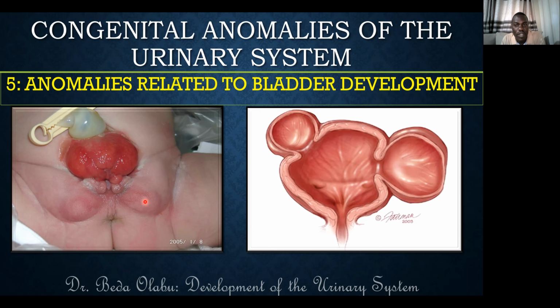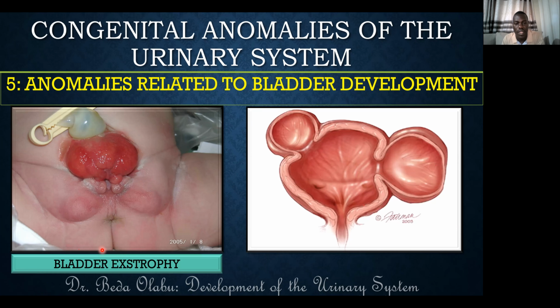Okay, James, yes. It's called bladder extrophy. Great. This is bladder extrophy, the most severe form of urinary bladder malformation. We'll revisit that when you look at reproductive system as well. As you can see in this patient, the external genitalia also has an issue. You may not believe that it's a male child.